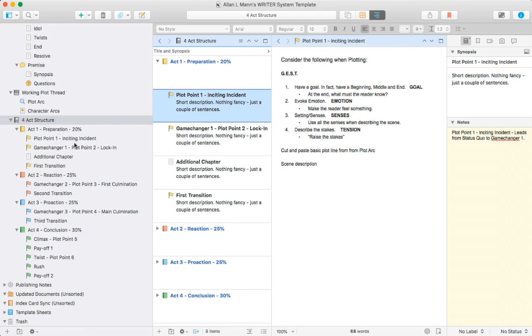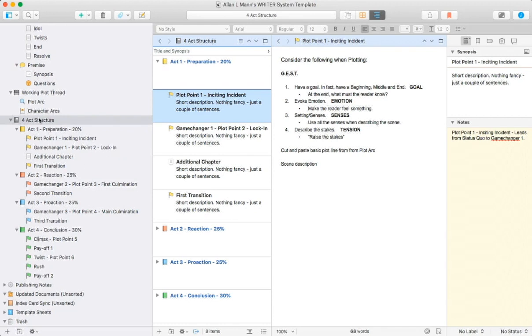So in preparation, again, there's nothing extraordinary about this information. Plot point 1, the inciting incident. Game changer. How does the main character, your idol, get locked into the story? And then the first transition. The transition from this day to day, the normal, the status quo of your idol, your protagonist's life, into the story itself. How does that idol get locked into the story?